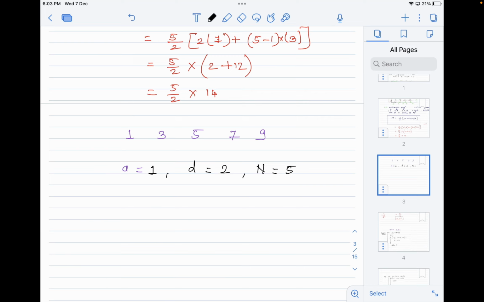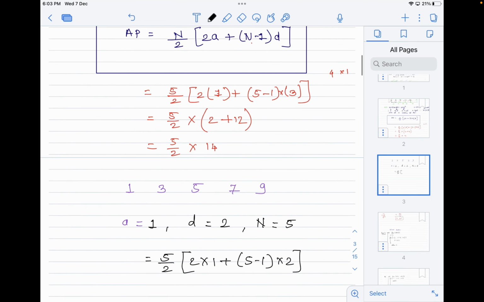So n is 5. Let's put them in the formula. What does the formula say? n divided by 2 into 2 into 1 plus (5 minus 1) into 2. You have seen, n divided by 2, 2 into A means 1, and n minus 1 means 5 minus 1, into D, which is 2.